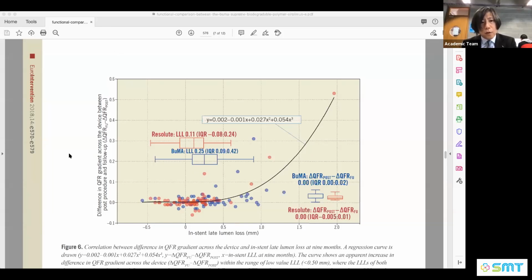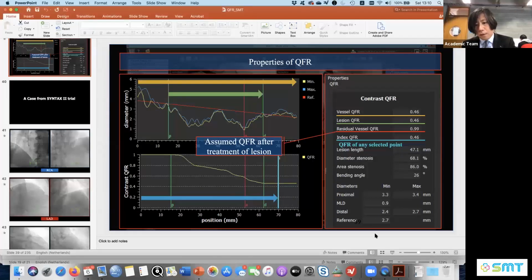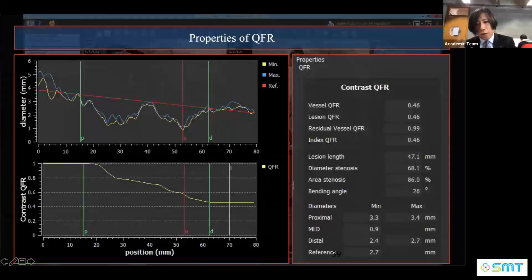So that will help to plan the procedures, especially if it comes to the sequential lesions or the tandem lesions. Either if you put the 2 stents or the 1 stent, or 1 stent versus a drug-coated balloon, you can really plan that with the information of the diameter. So I think that's probably the way to plan the procedure accurately according to the information obtained from the coronary angiography.